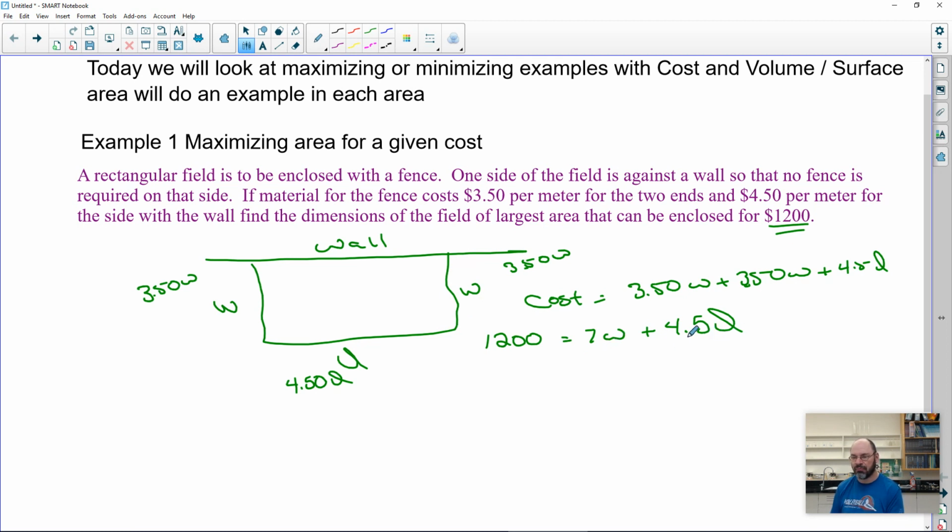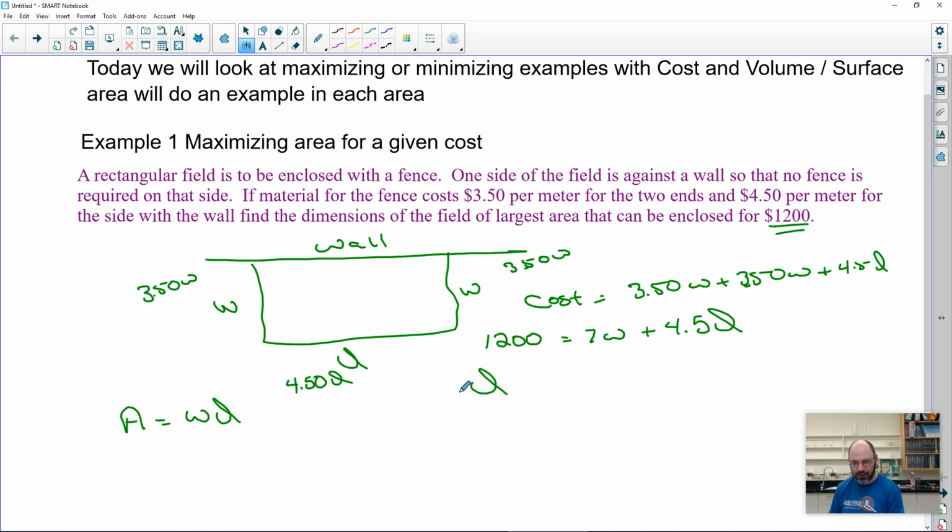So we want to maximize the area. So our area equation then is still length times width. I'm going to solve for L in this case, or you could solve for W, and then we're going to plug it into here. I'm going to solve for L in this example.